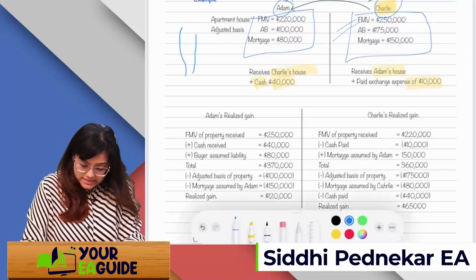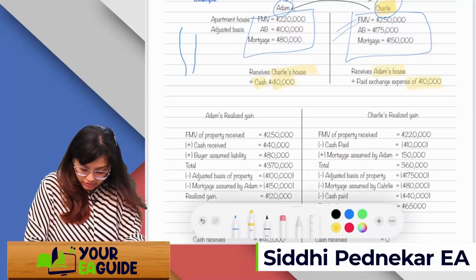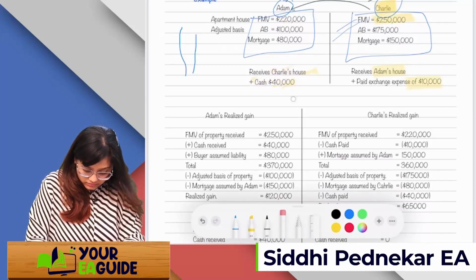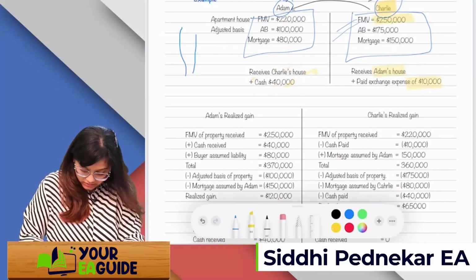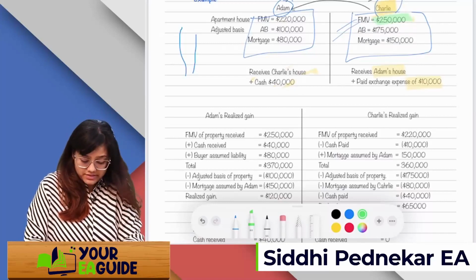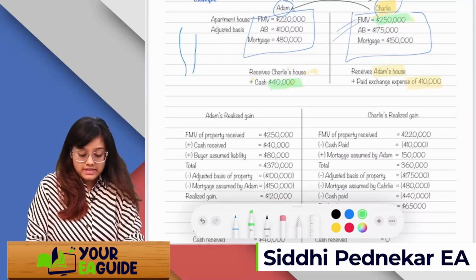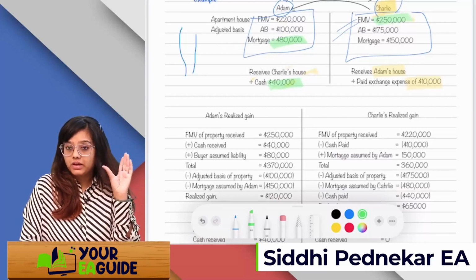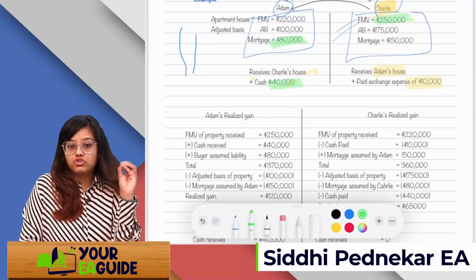So I have taken the FMV of the property. Let's take some other color and understand it. Adam is receiving the FMV of the property, plus receiving cash, plus he is giving up the mortgage. So all three things will be added. This is your total amount realized.